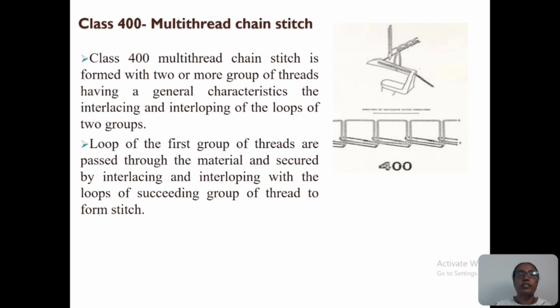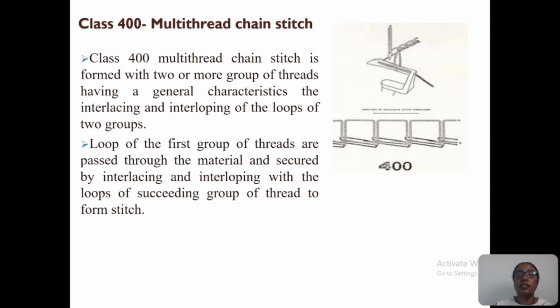This chain stitch is formed with two or more groups of threads, having the general characteristic of interlacing and interlooping of the loops of the two groups. Loops of the first group of thread are passed through the material and secured by interlacing and interlooping with the loops of the succeeding group of thread to form a stitch.